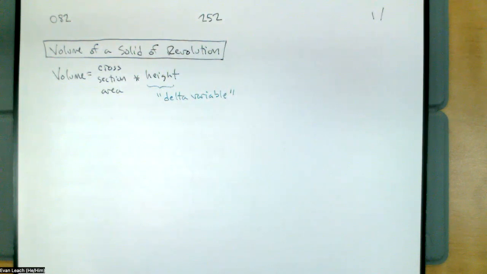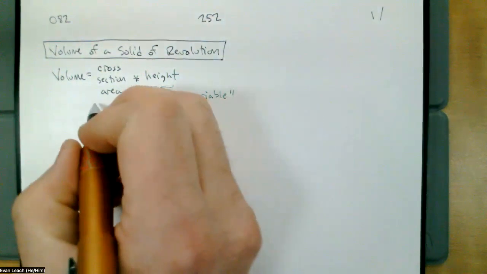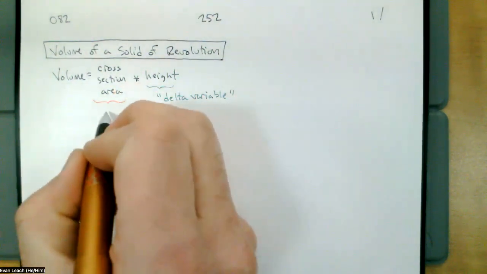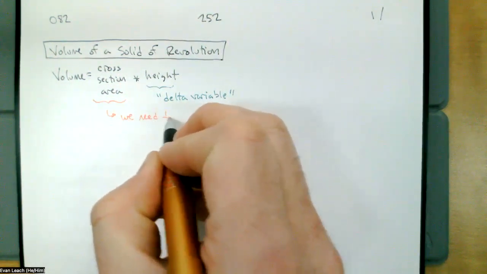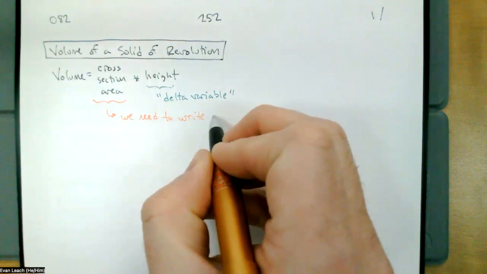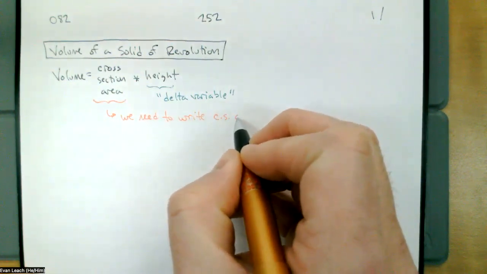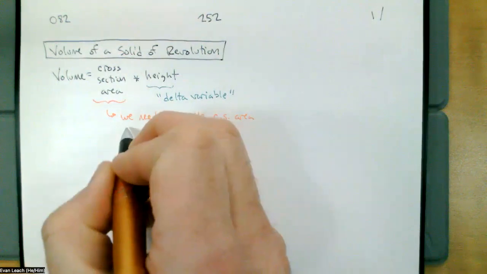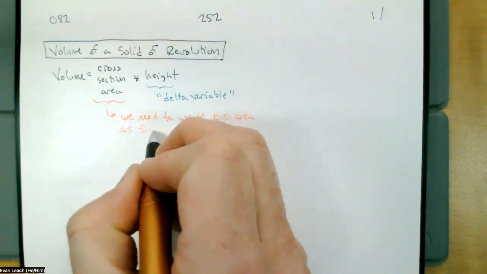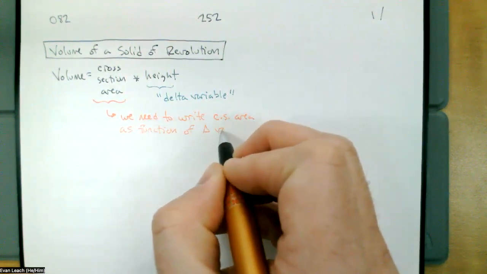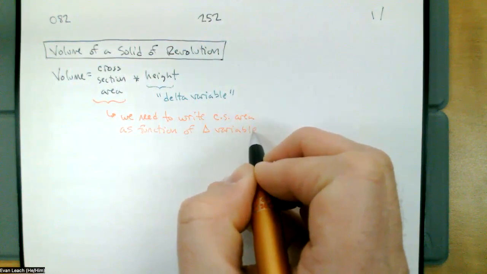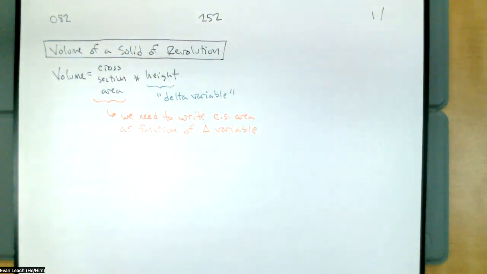So our job is to write the cross-sectional area as a function of the delta variable.